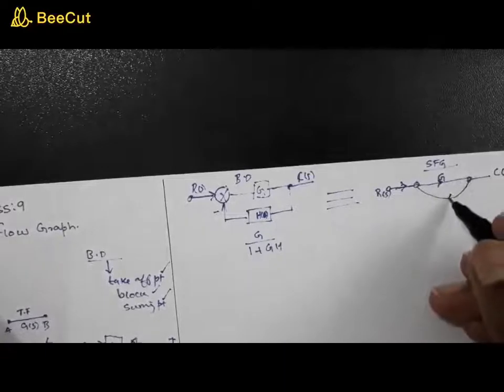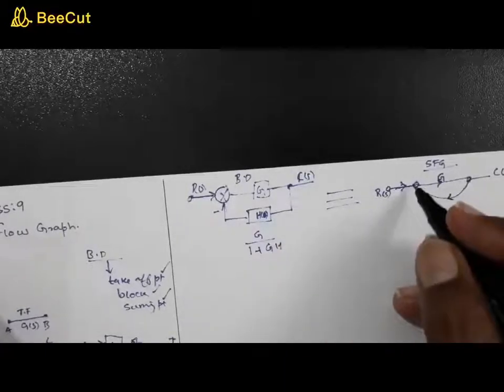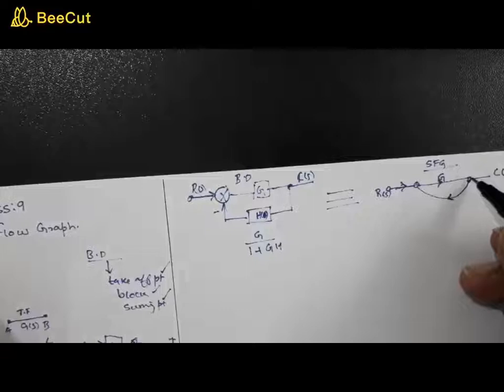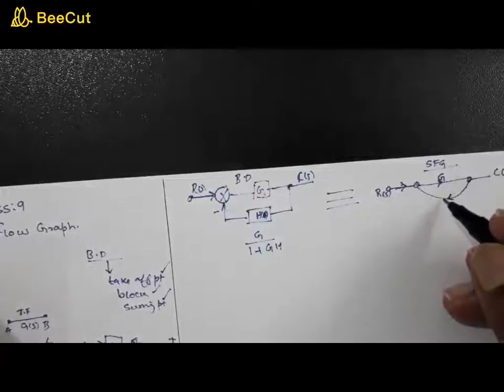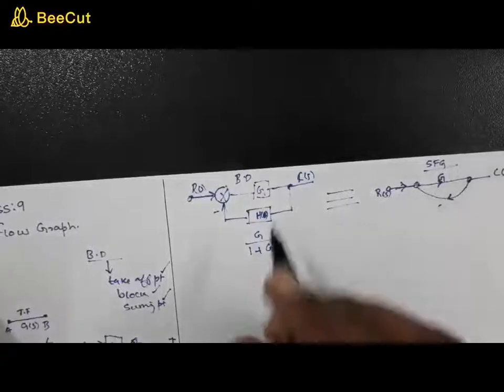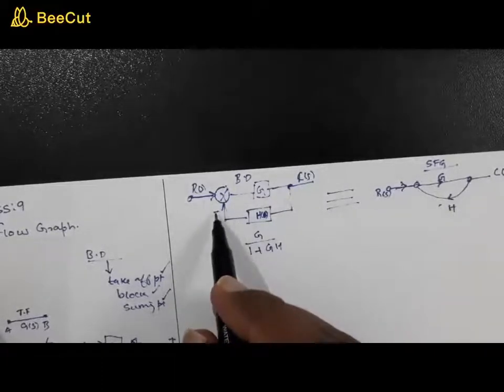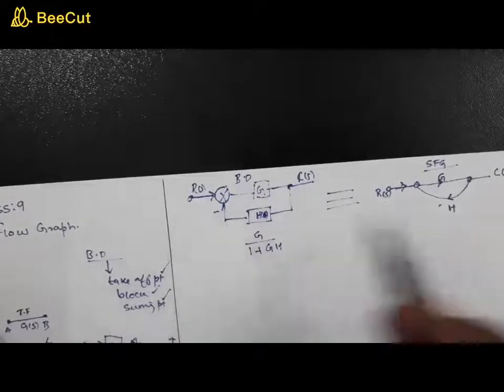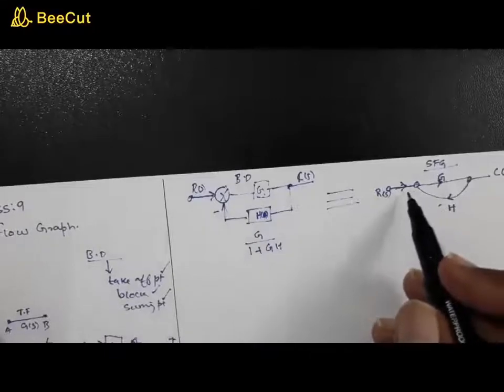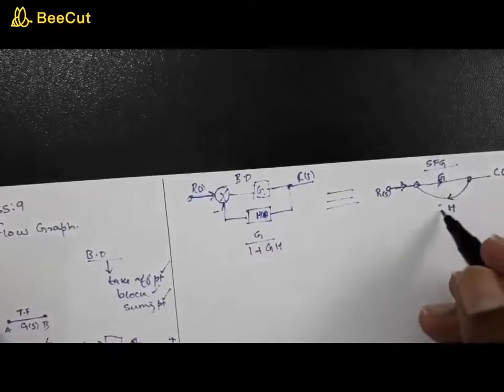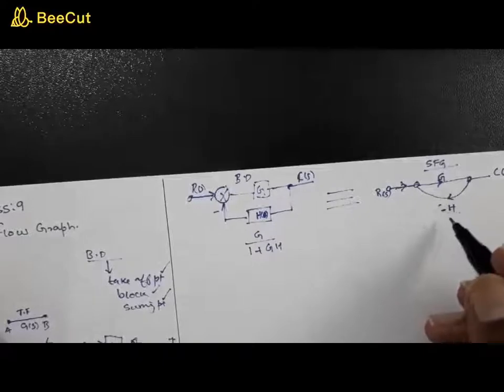Now there is a feedback. So this is the feedback. No signal will be going through this, but the signal coming here may be fed back based on the value of this. Now what is the value of this? This is H. Now what type of feedback is it? It is minus. There is no provision to put minus or plus, so what we do is we multiply by that negative sign.